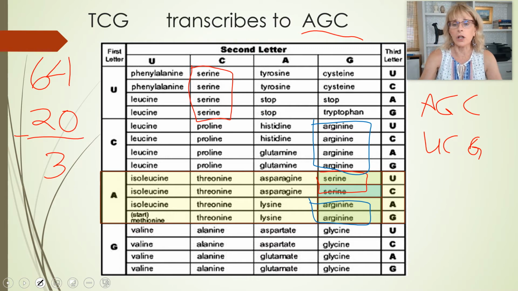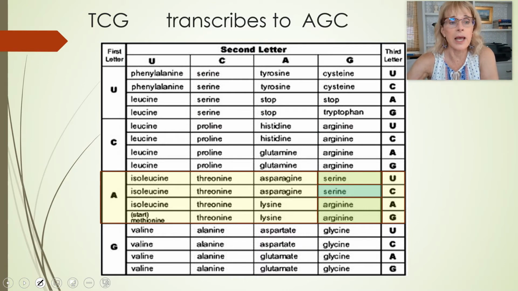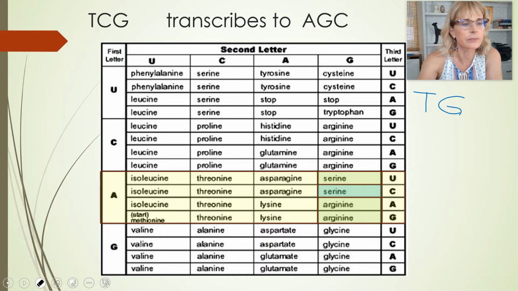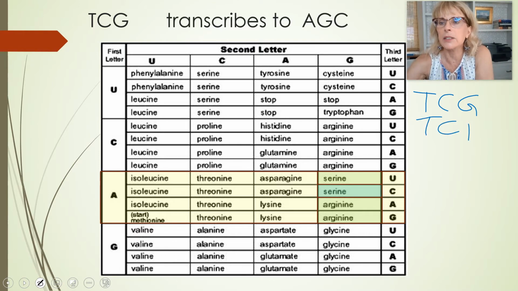Okay, well, let's look at arginine. No, let's look at serine. With serine, if my DNA is supposed to be TCG, but I make a mistake and make it TCT.